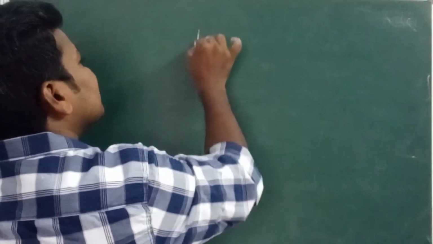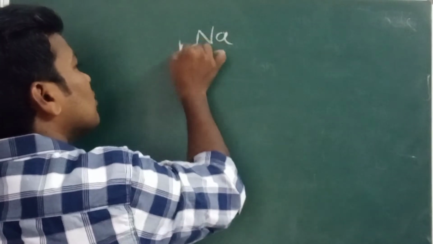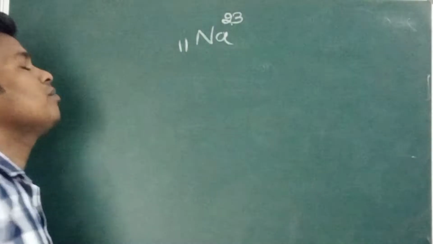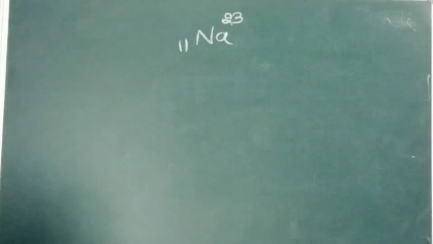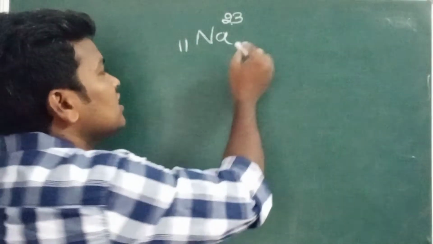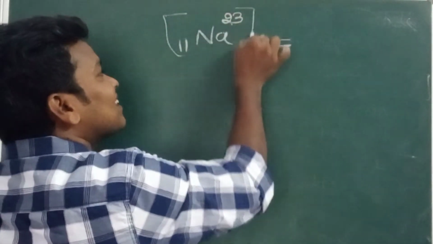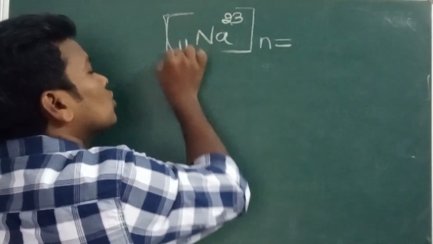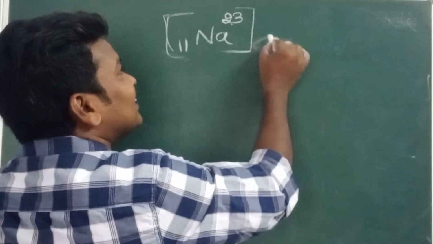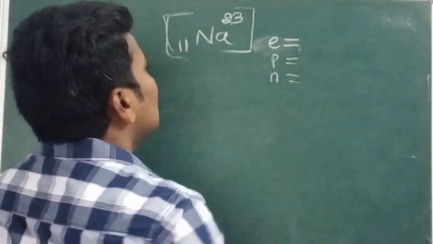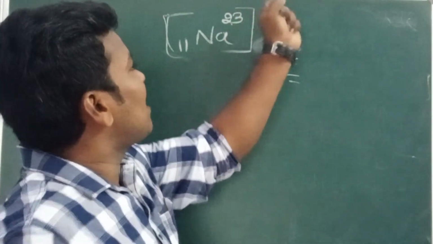So for example, if you can see sodium we are talking about, whose atomic number is 11, mass number is 23. You can see here, a neutral atom doesn't have any charge.